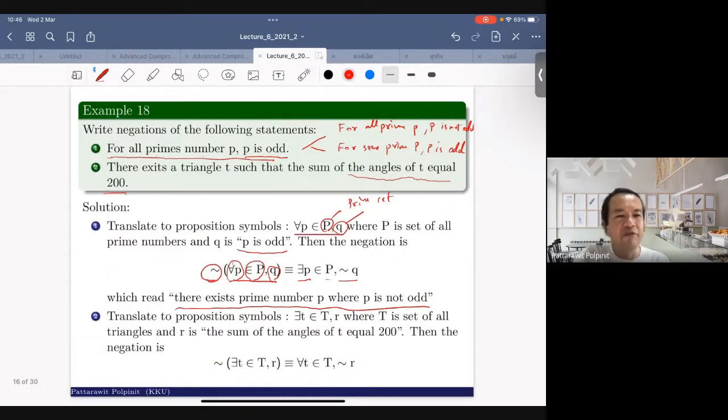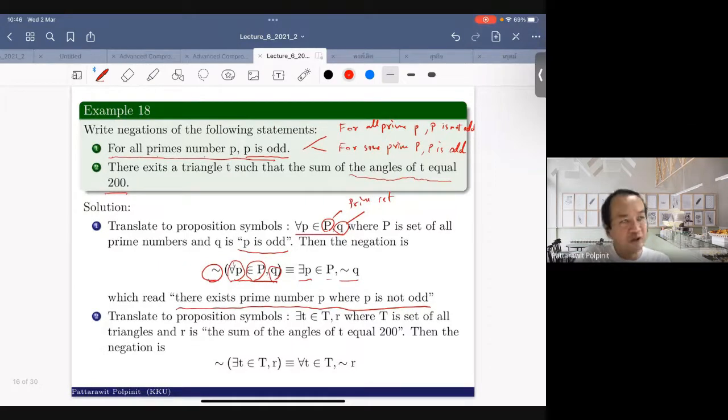If you try to translate directly to find the negation of it, it might be very difficult. But if you translate into symbols first, because it's exists, I'm using the exists quantifier.